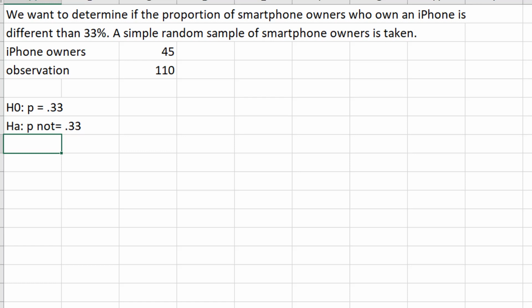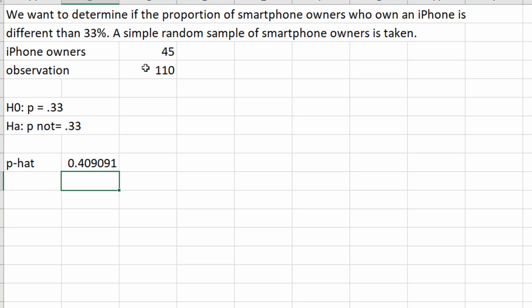Okay, we are going to calculate a test statistic. First we calculate our p hat, which is the number of iPhone users in the sample divided by the sample size. So 45 out of 110. It certainly seems higher than 33%.